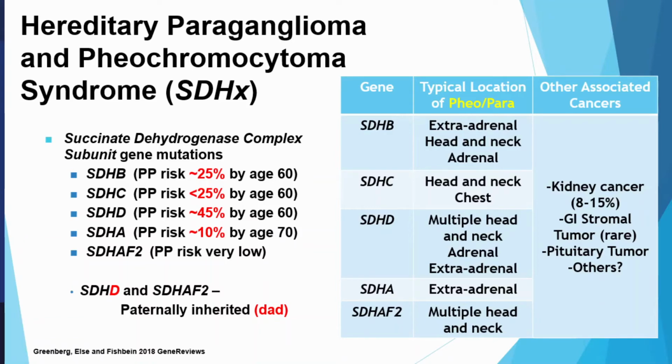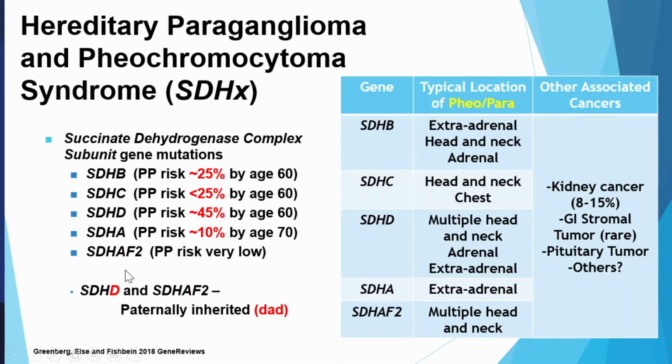But if that child has a 50% chance of getting that gene, their risk of developing a Pheo Para is different depending on the gene. So it's a little bit of a complicated answer to the question, and it really is gene specific. So I encourage everyone to speak with their doctors about that based on their own genetic risk.